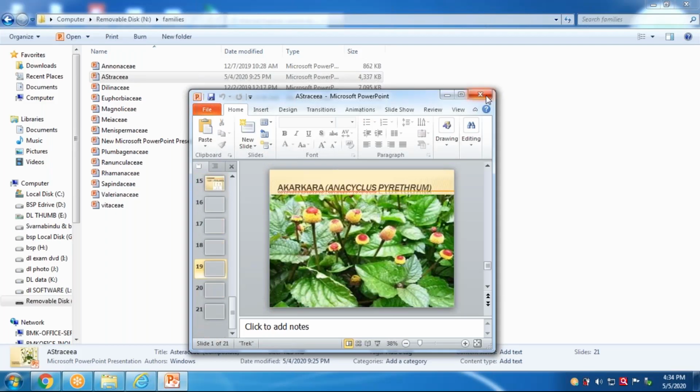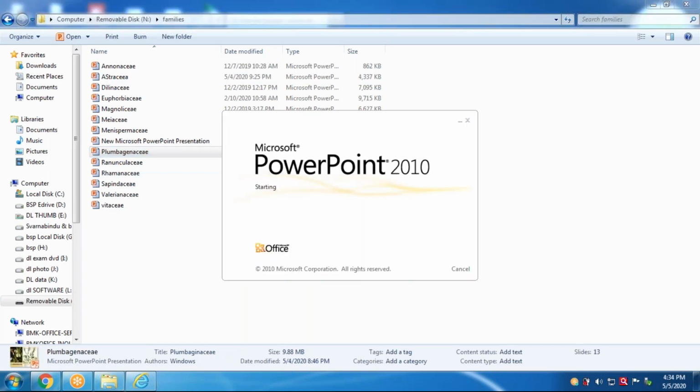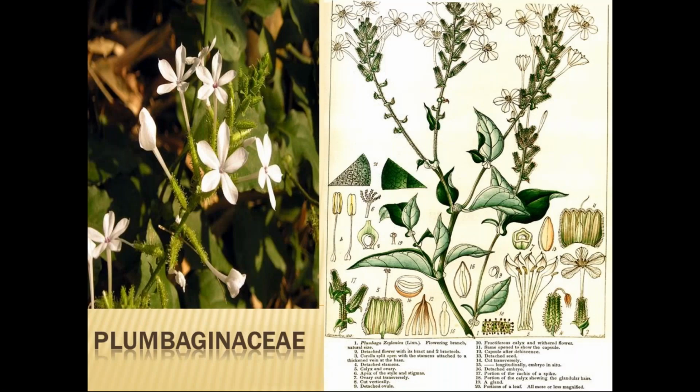We move to this family. That is Plumbaginaceae. It is one of the important families again. It is also called a monogeneric family.